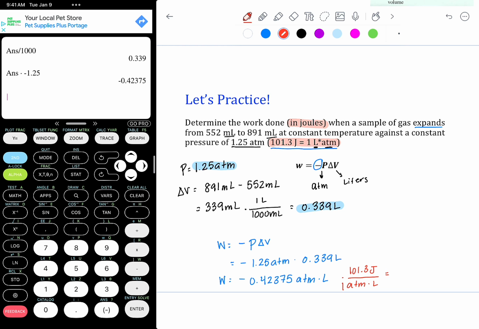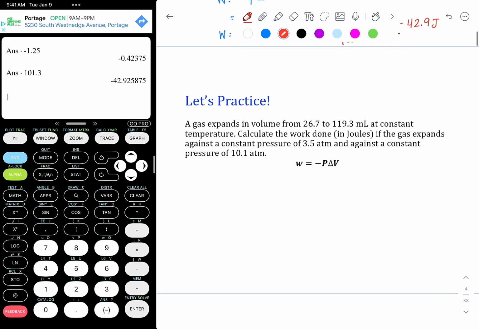So we'll take that negative 0.42375 and multiply it by 101.3, and we get negative 42.9 joules of work. And make sure you maintain that negative throughout, because as we saw in our previous lesson, the sign of W matters because it will tell us if we're doing work on the system or by the system. Let's do another example.